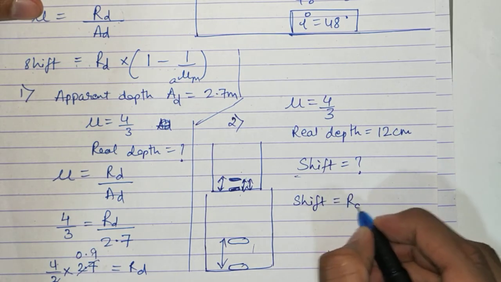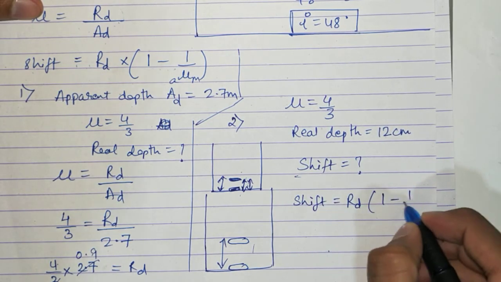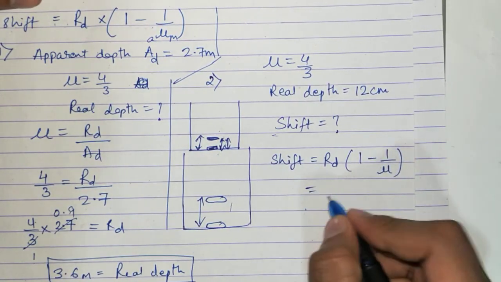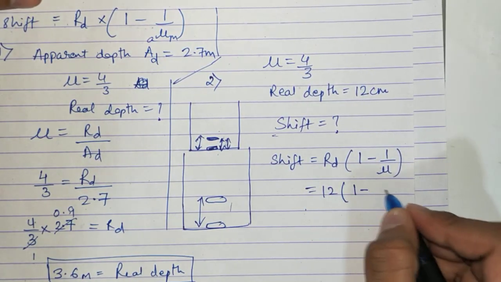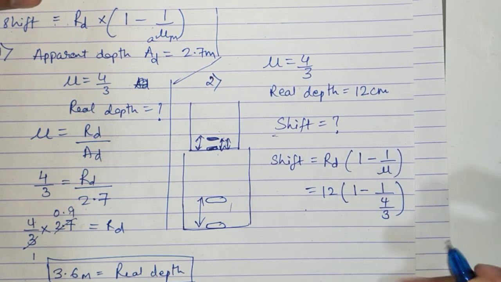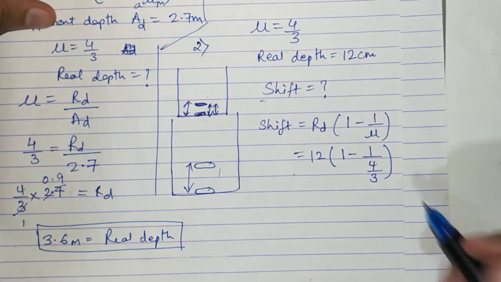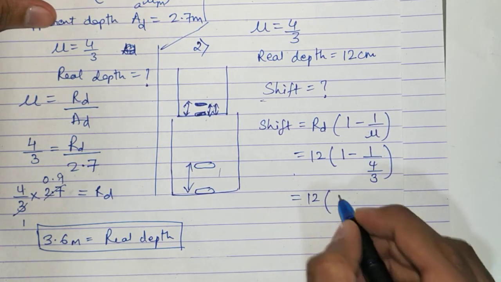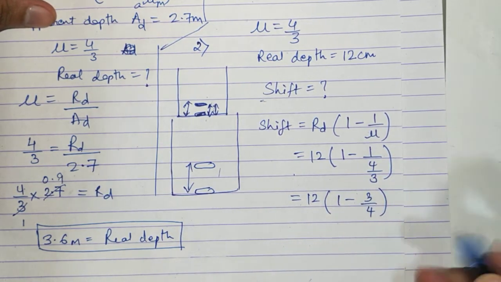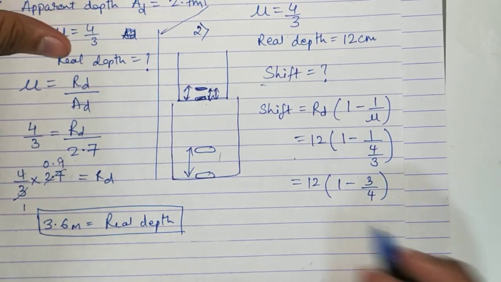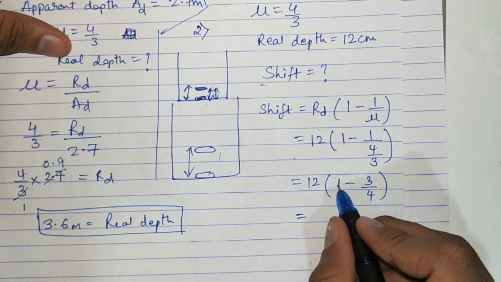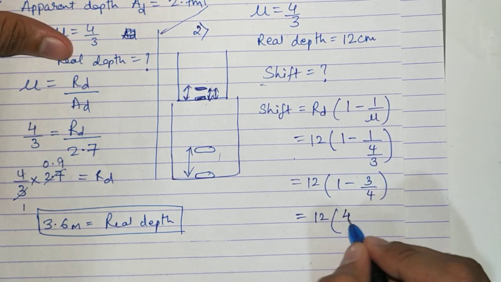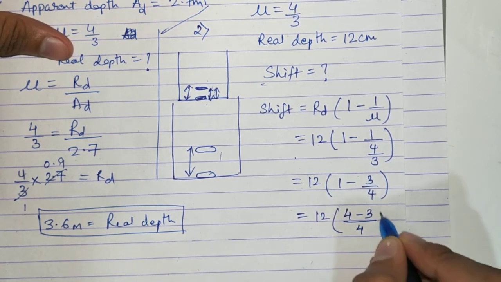Shift is real depth into 1 minus 1 upon refractive index. Okay, so real depth is 12 centimeters and 1 minus 1 upon 4/3. So this 4/3 will get reciprocal and become 3/4. Okay, 4 ones are 4 minus 3/4.